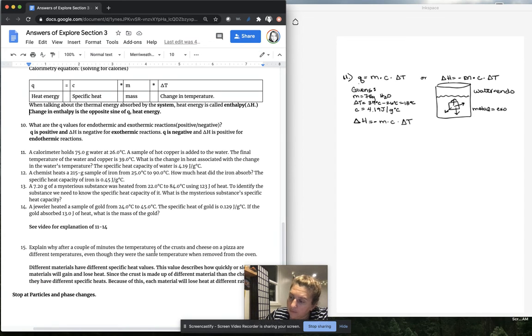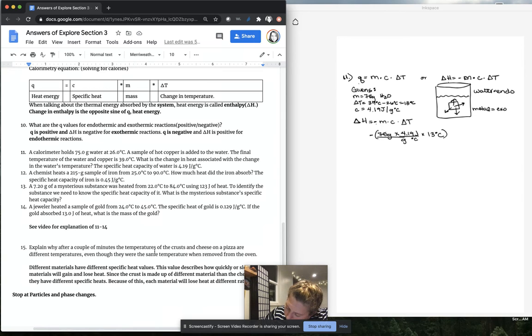Next, let's plug in our values, right? So our values for this are 75 grams times our C value, which is 4.19 joules over grams degrees Celsius, times our 13 degrees Celsius. Now, don't forget your negative out in front of this entire equation, okay?